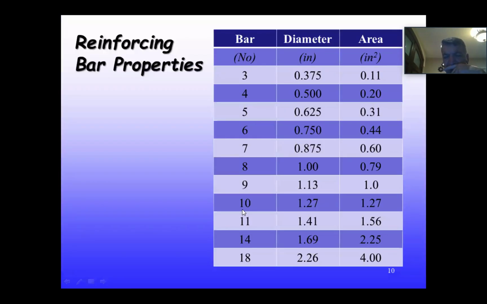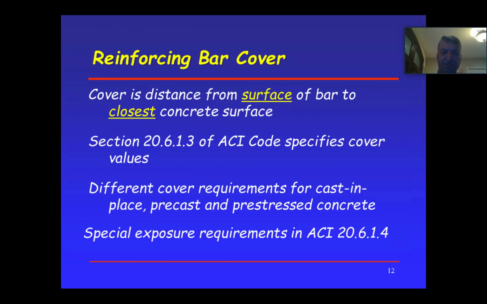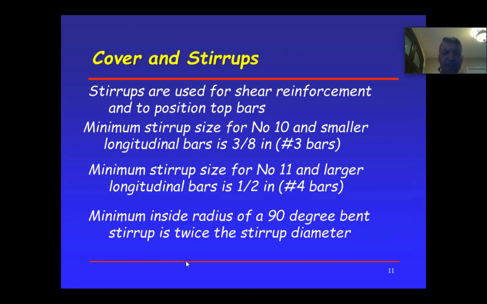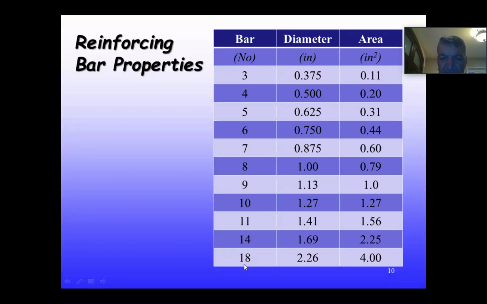Up to here you can use number 3. 11, 14, 18, you have to use number 4 as a minimum. Who said that? The code. Okay. Minimum stirrup size for number 11 and larger is 1.5 inch in number 4 bars. See that? Number 11 and larger, right there from here to there. We only have 3 bars.